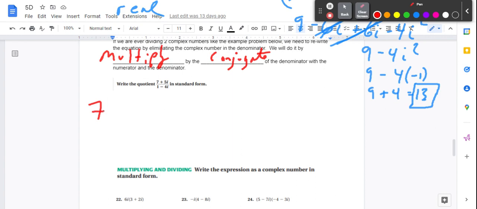we have 7 plus 5i on top and 1 minus 4i on the bottom. What we want to do is multiply by the conjugate of the denominator. The denominator is 1 minus 4i, so the conjugate is 1 plus 4i.